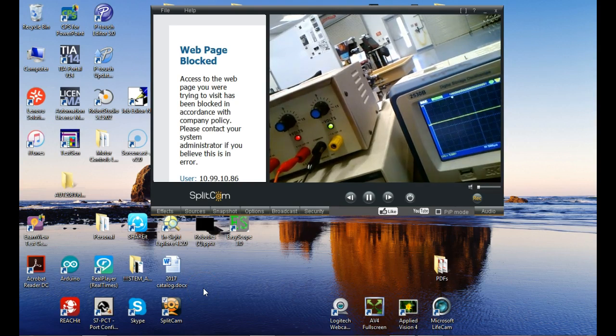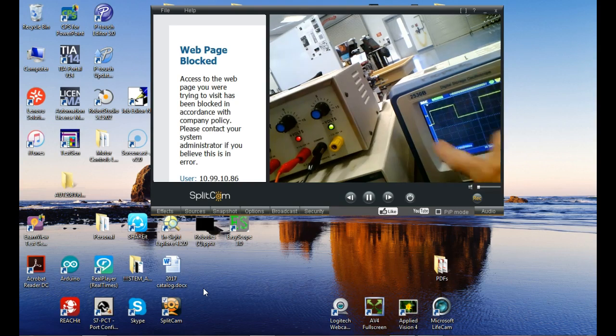We're going to trigger on channel 1. Okay, so here's my trigger right there. So it should freeze now. Okay, everybody okay? Let me change the position so we'll see. So here's channel 1. Here's channel 2.